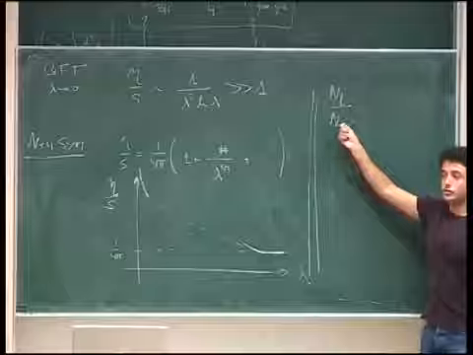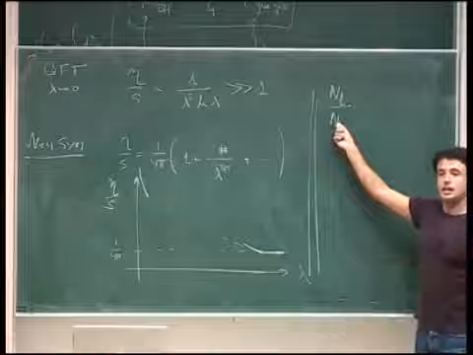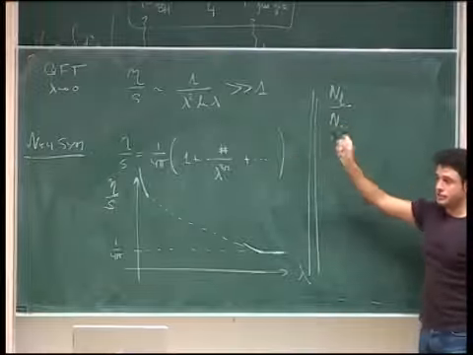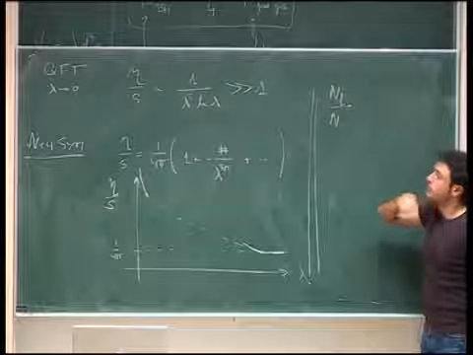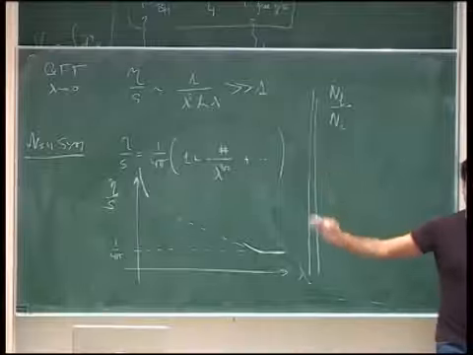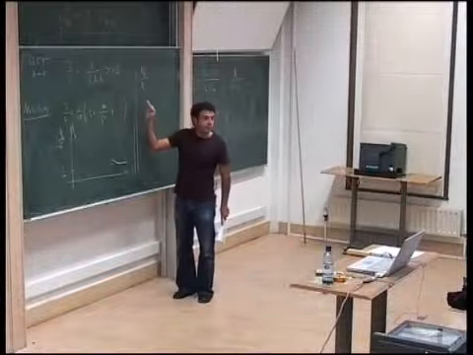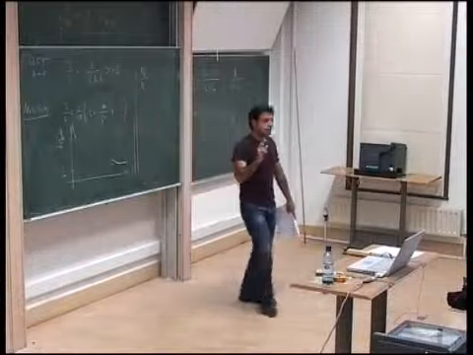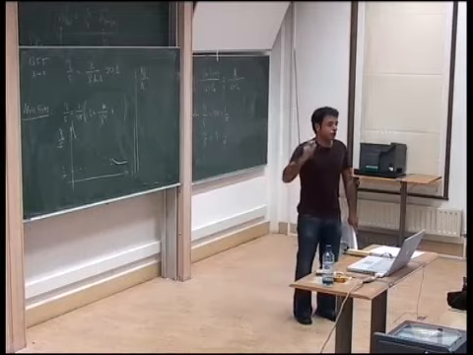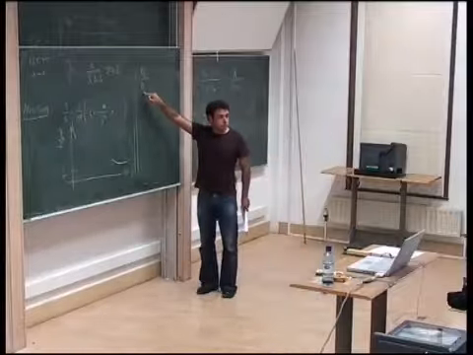And to leading order in this correction, you can show that at least for the D3, D7 system that I discussed yesterday, so n equals 4 with fundamental matter, and a large number of other theories with adjoint matter and quarks, the result, eta over s, is not corrected. It's still equal to 1 over 4 pi. So eta and s are both corrected at order nf over nc, but the ratio is not.